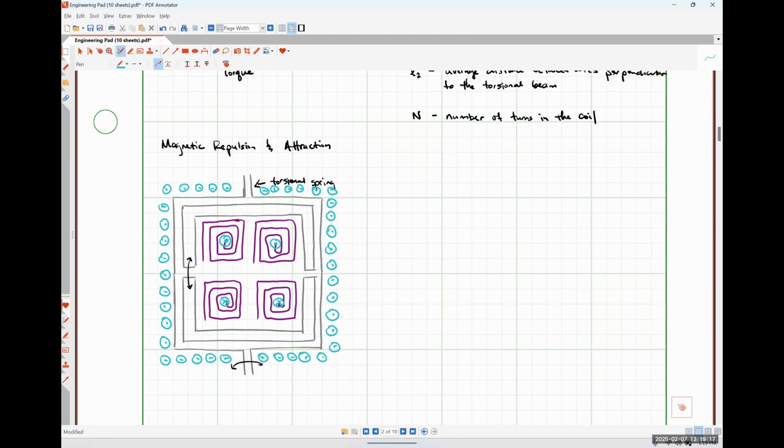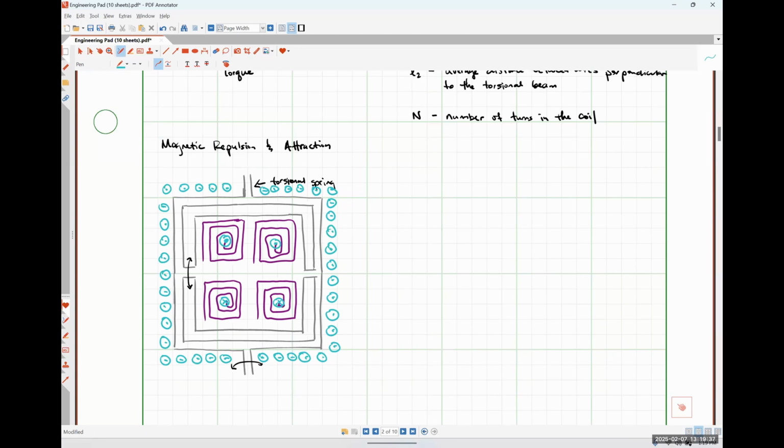It'd be rotating. So the top would be rotating out of the page, the bottom would be rotating into the page because those top fields are in the same direction, so they are going to oppose each other. The bottom fields from the bottom two coils are in the opposite direction of the applied field, and so they're going to attract each other.